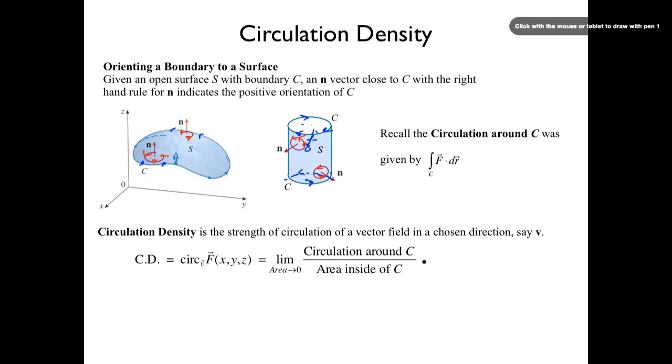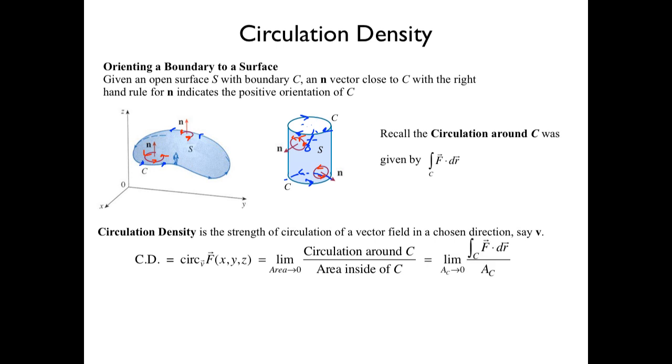Does that make sense? And so then that limit of that ratio, as you make that loop small, would be the value of circulation density. Okay, so this should kind of feel like something else we've talked about. We'll get to it in a second.